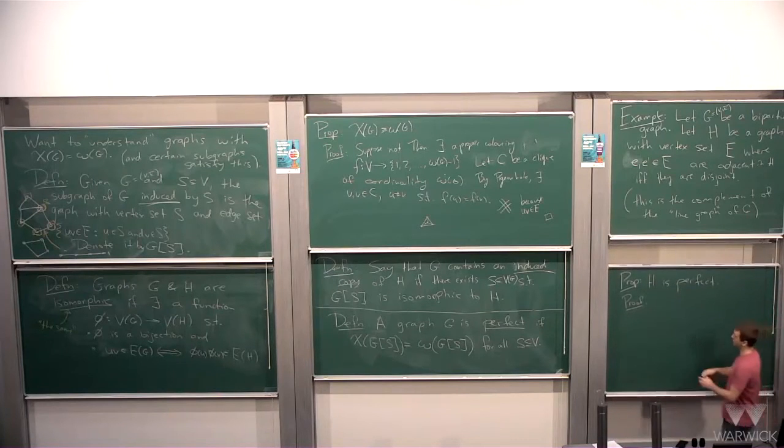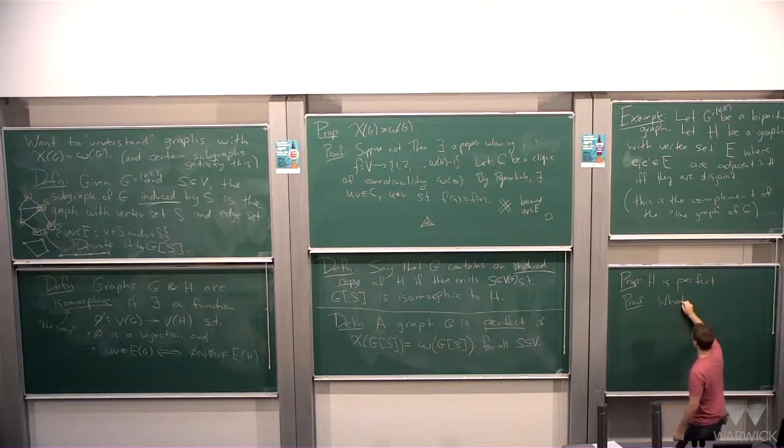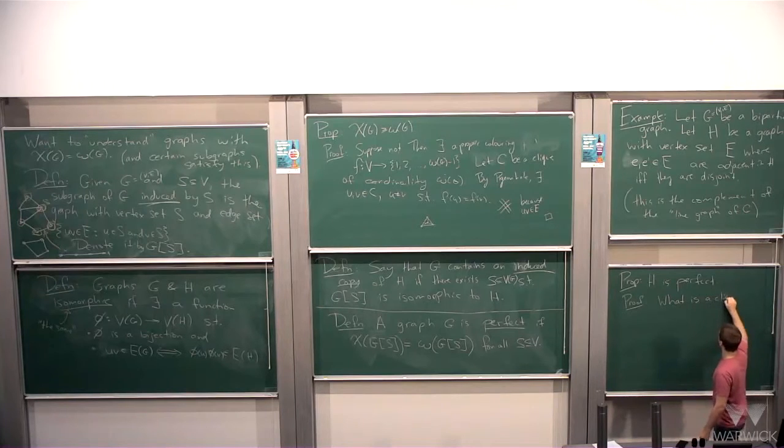Okay, so to see how you can derive this from Koenig's theorem, first, you can ask yourself the following question. What is a clique in H? It's a set of edges of G which are pairwise disjoint.